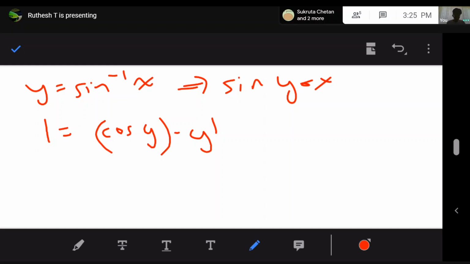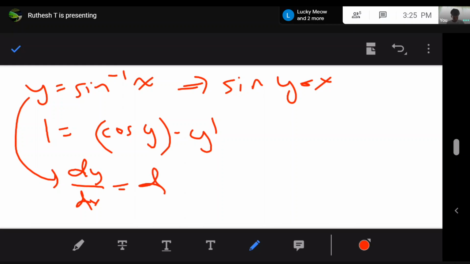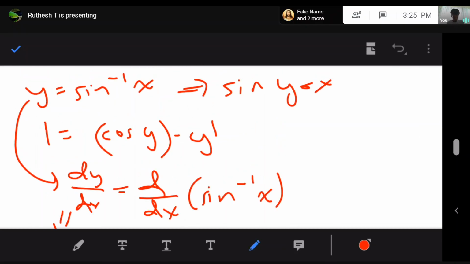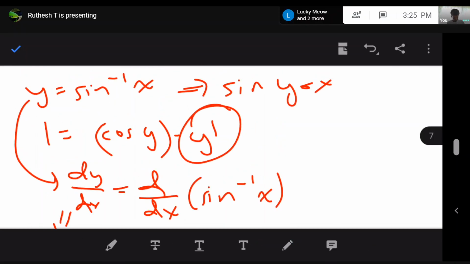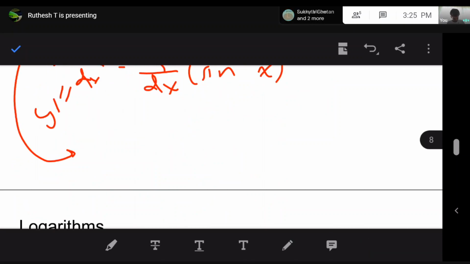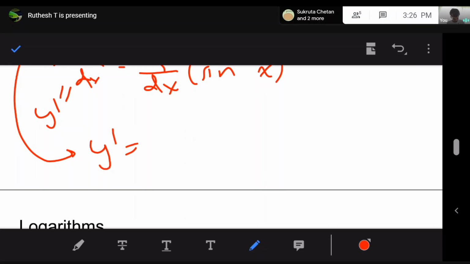And we want to figure out what y prime is, right? Because dy over dx is the derivative of inverse sine. And y prime is just another way of writing dy over dx. So we want to solve for this. So we get that y prime is 1 over cosine y.